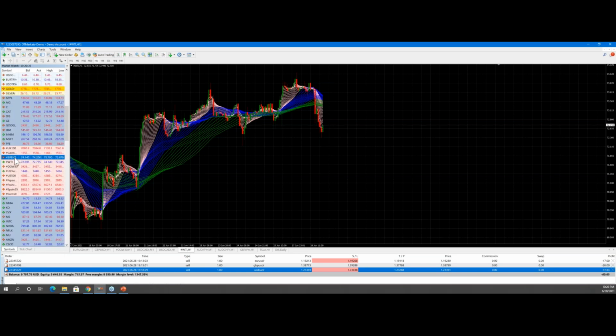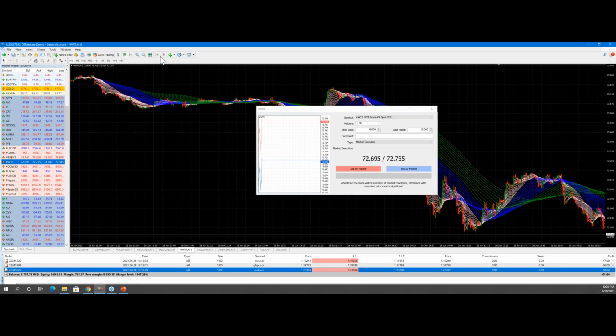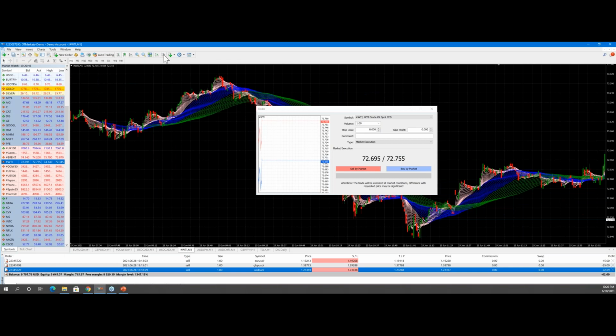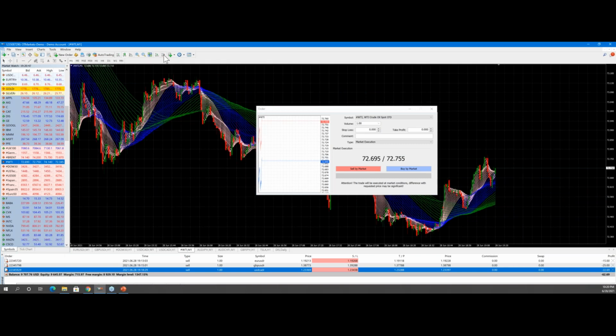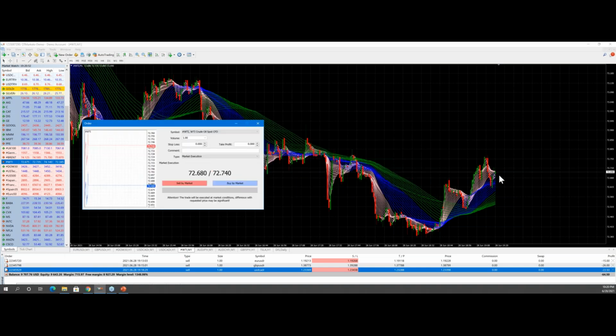But as I told you, it's always better for a longer time frame, because here we're using 1 minute. So the 1 minute is really a very quick one. You can see on the 1 hour we were having a sell, but in the 1 minute we're having a buy.